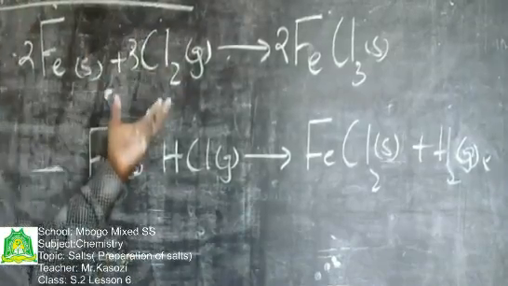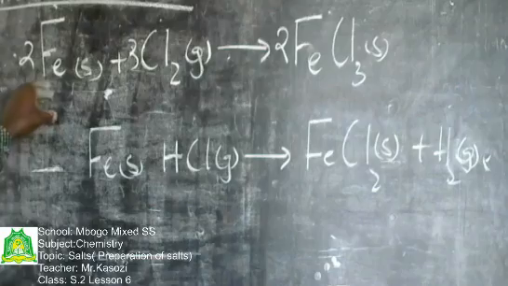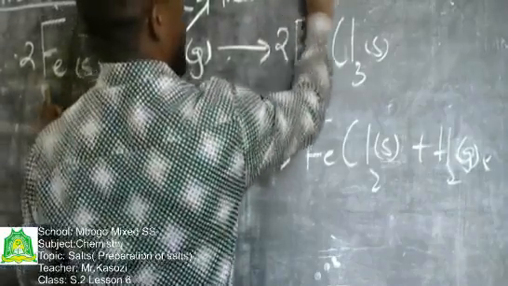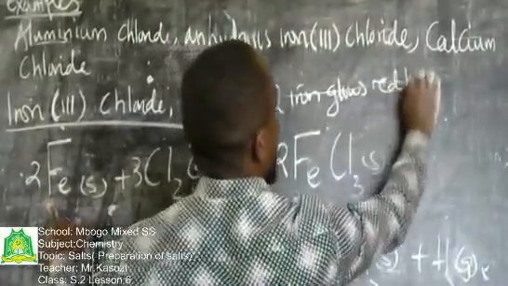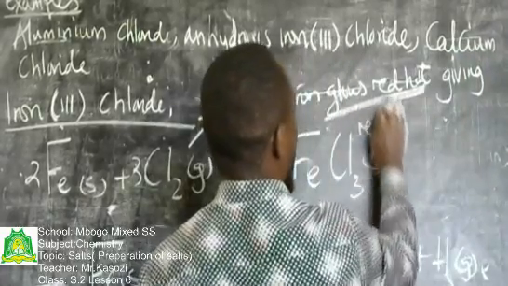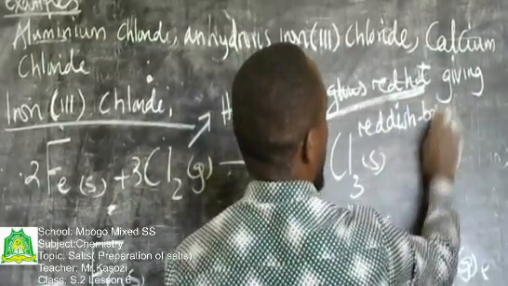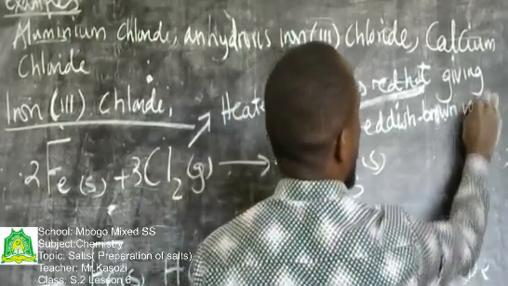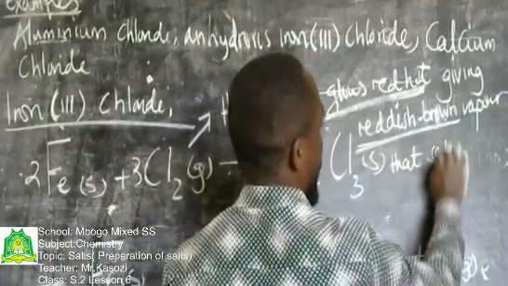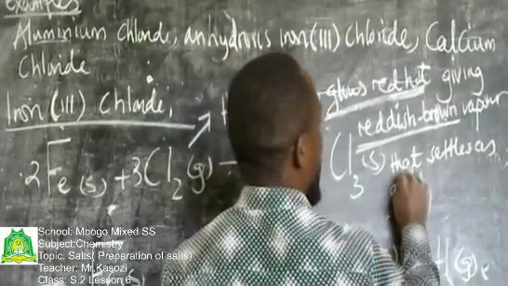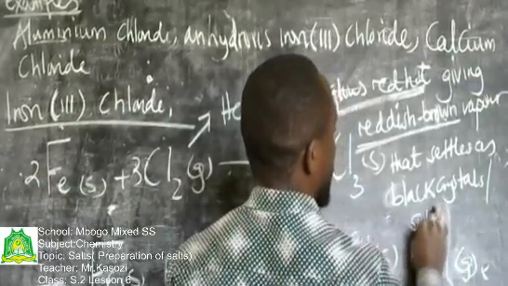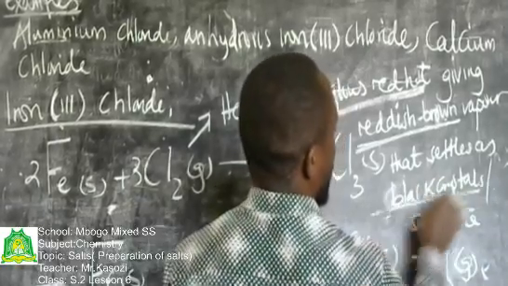So in this case, when we pass chlorine into a stream of heated iron, here we would say heated iron glows red hot, giving reddish brown vapor that settles as black crystals, or sublimate.